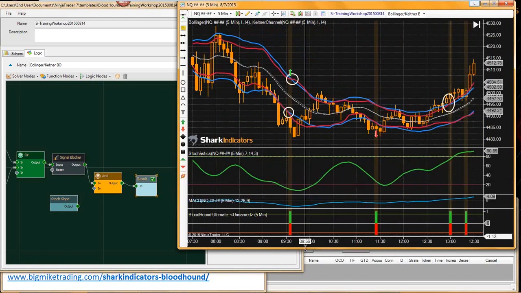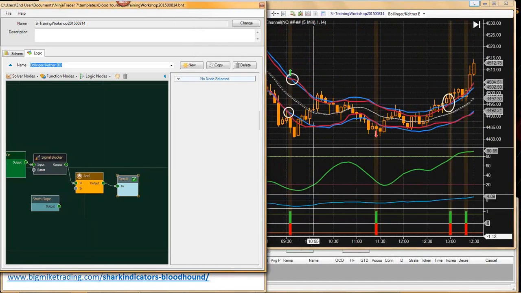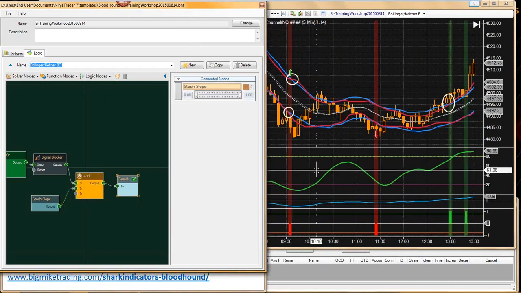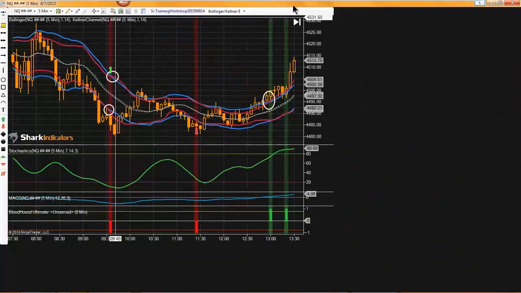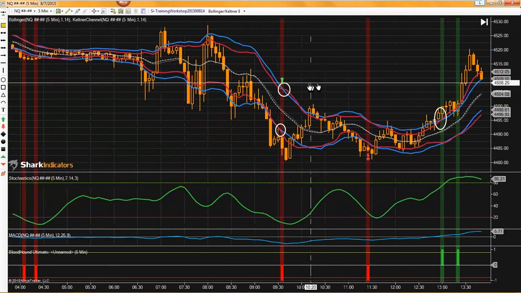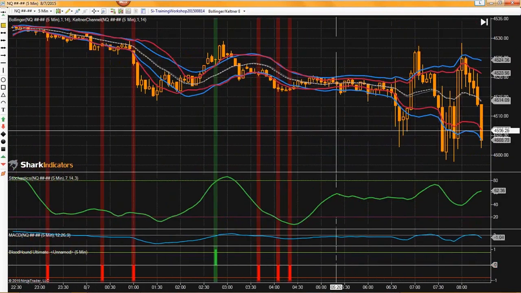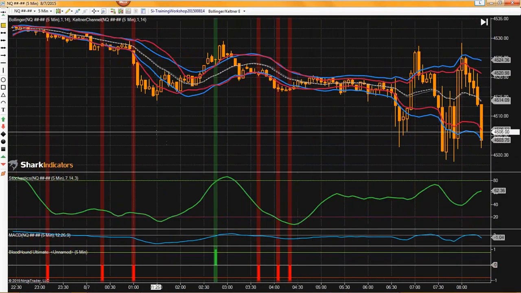Right, okay, so there's a bunch of signals on the chart. Now let's connect our stochastics filtering up, and there we go. So that is it. And yep, we got a bunch of signals back here.